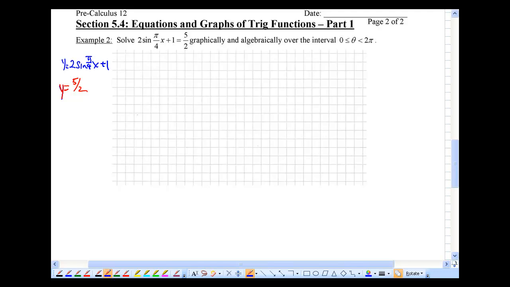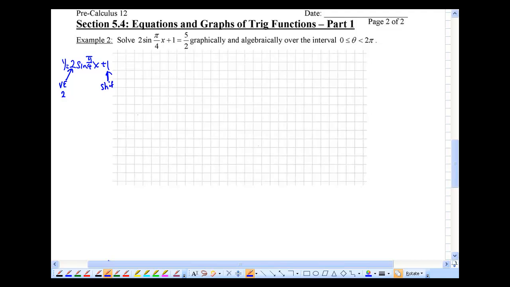Just going to help you out by looking at y equals 2 sine pi over 4x plus 1. I'm going to erase this 5 over 2 so I have some space to do some work. Here I notice a vertical expansion by a factor of 2, shift up by 1.